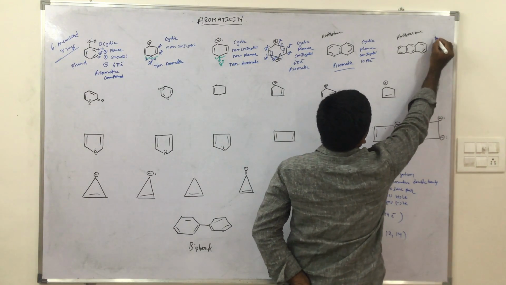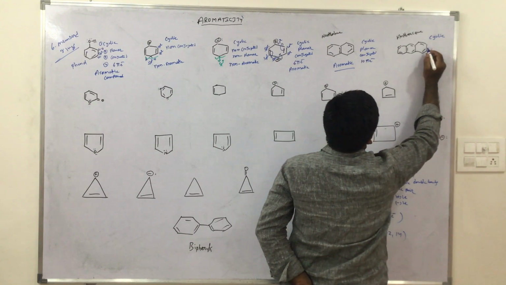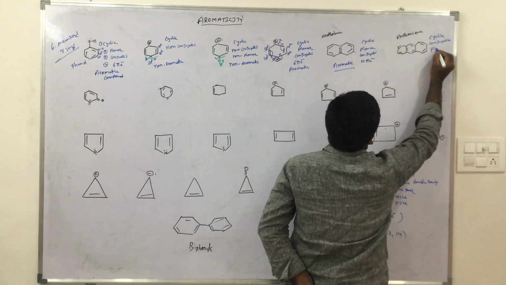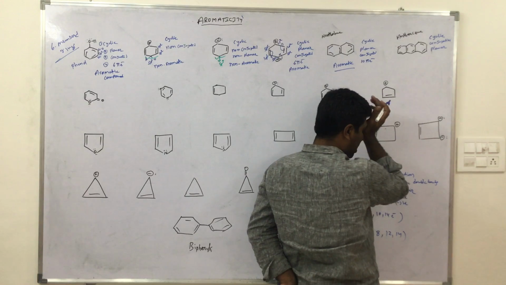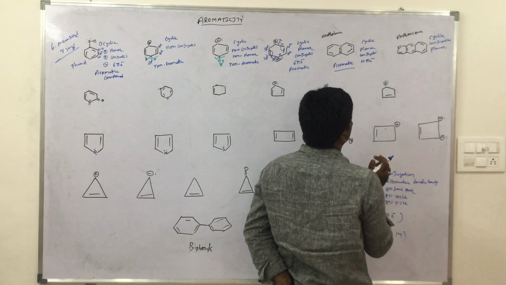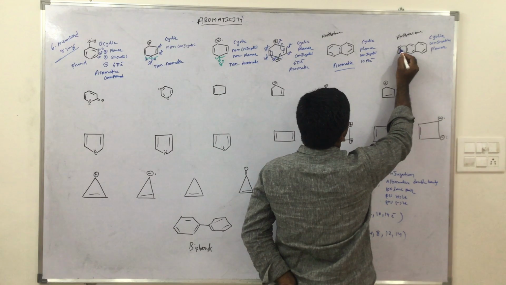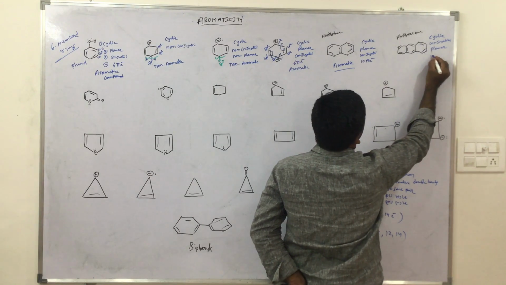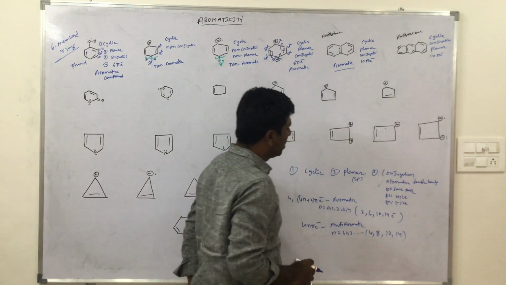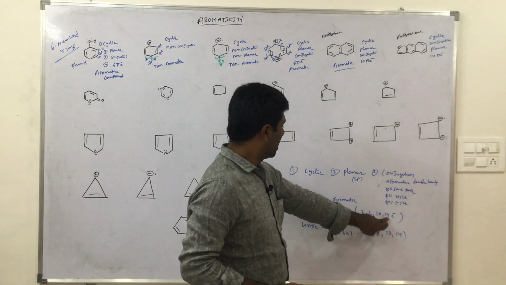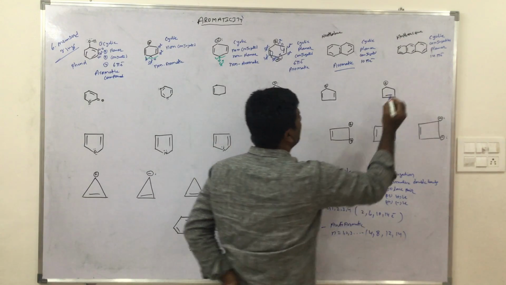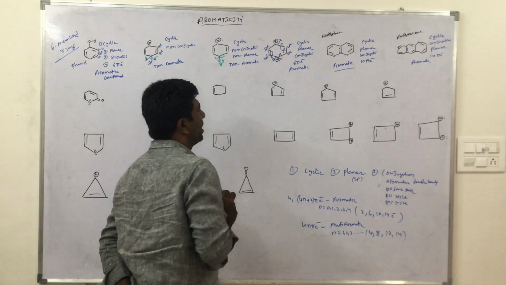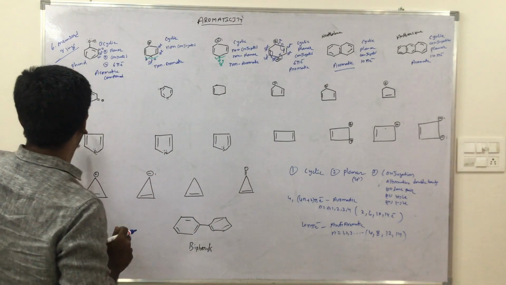This is cyclic, conjugation present, and planar also. All carbons have sp2 hybridization. Now count the pi electrons: 1 to 14. 14 pi electrons, so this is aromatic.